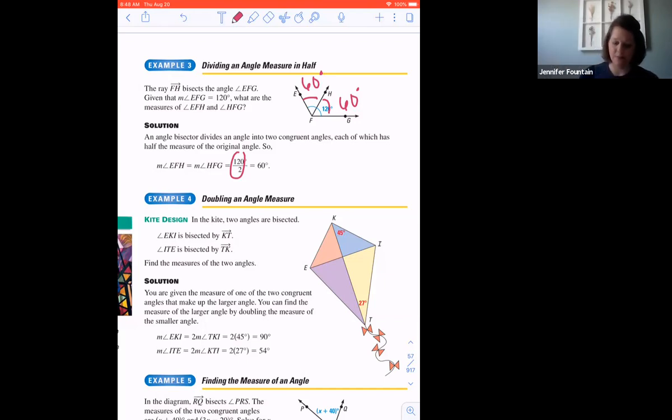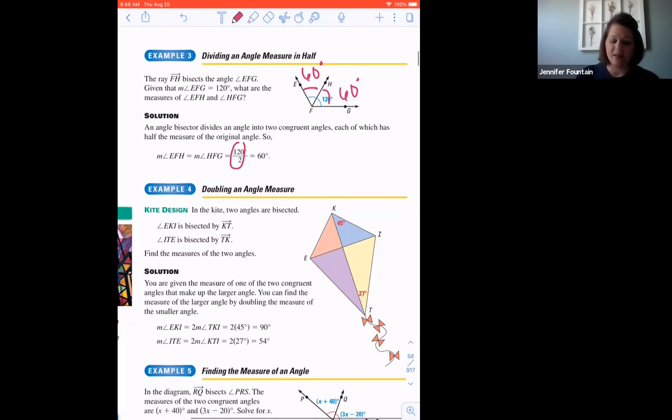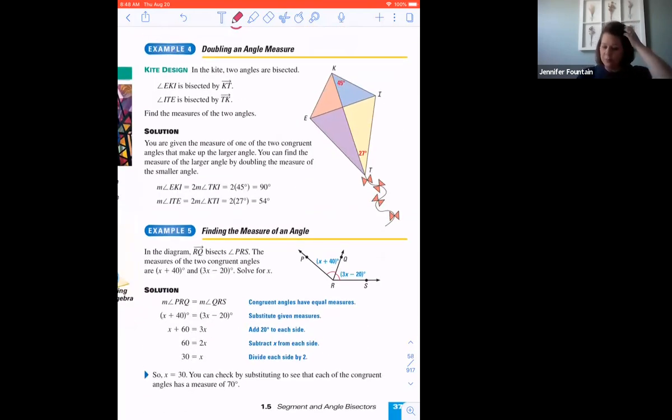All righty. Now we have doubling an angle measure. We have a kite design. It says in the kite, 2 angles are bisected. If we look, EKI is bisected by KT. You can see that that angle is bisected by KT.